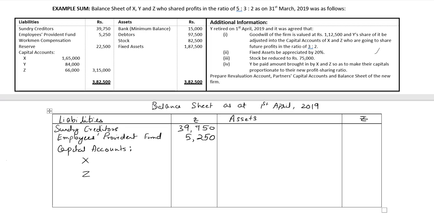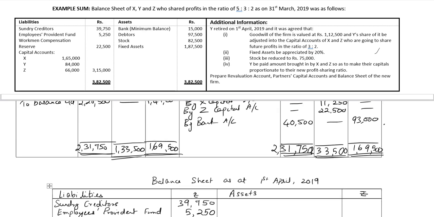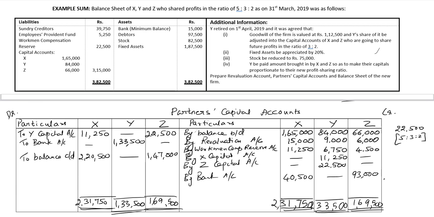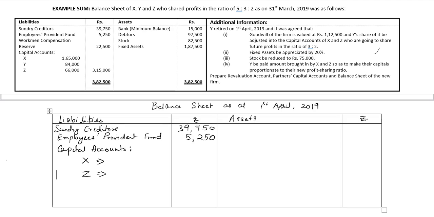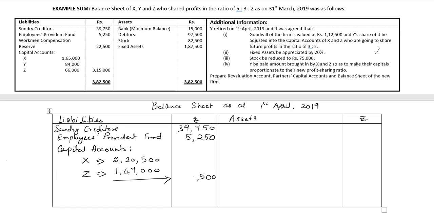We have X and partner Z. As per the capital accounts, balance carried down, in the case of X, 2,20,500, and in the case of Z, 1,47,000. Total 3,67,500 rupees.